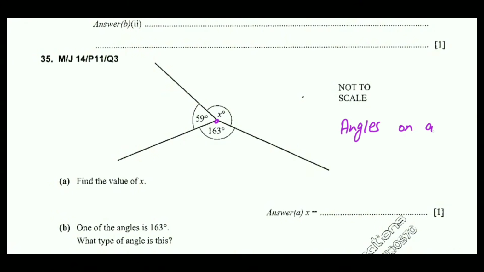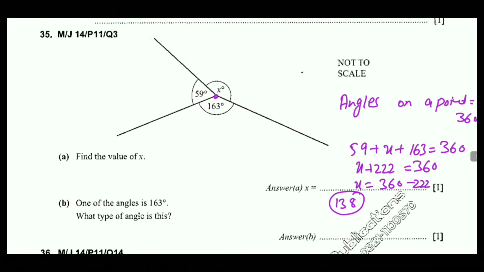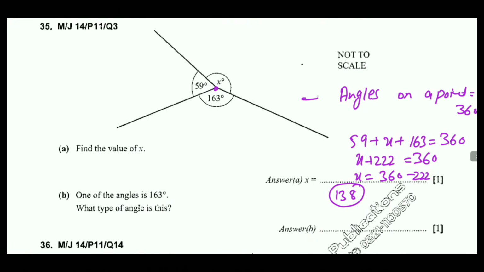Angles on a point is always equal to 360 degrees. 59 plus x plus 163 is equal to 360, and x plus 222 is equal to 360. X is equal to 360 minus 222, and that is 138. So this is the answer. We have used the angles on a point property here.